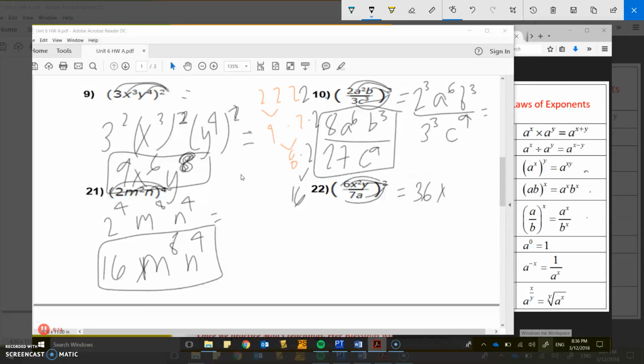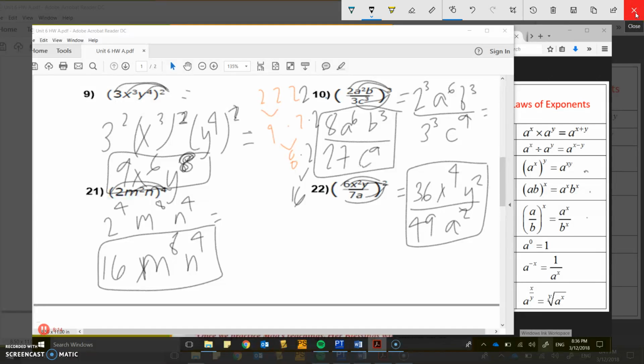X squared, squared, X to the 4. Y to the secret power of 1 times 2, y squared, over 7 squared, 49. A to the secret power of 1 times 2 is a squared. Boom, boom, boom, boom. Done.